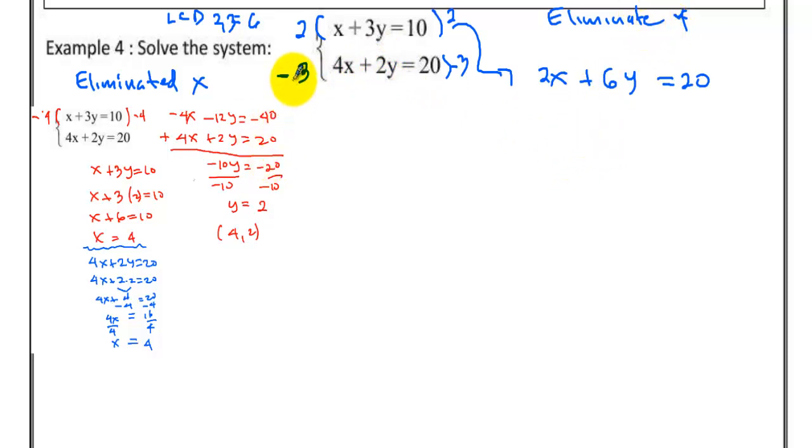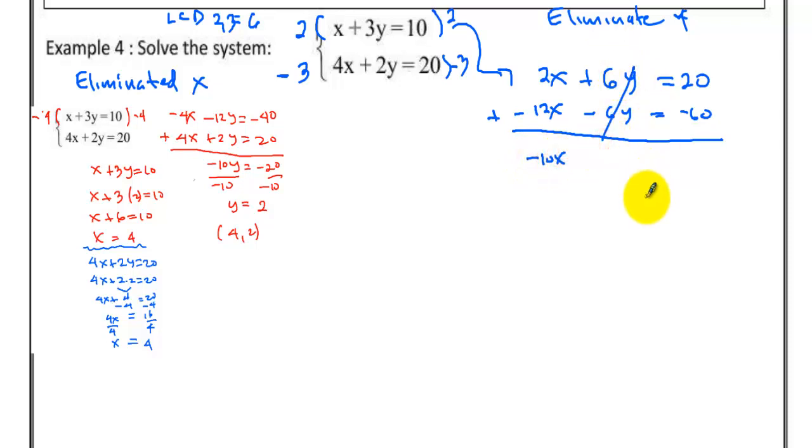So negative 3 times 4x is negative 12x, negative 3 times 2y is negative 6y, negative 3 times 20 is negative 60, and once we add the two equations, we will get negative 10x. Y has been eliminated. 20 minus 60 is equal to negative 40.